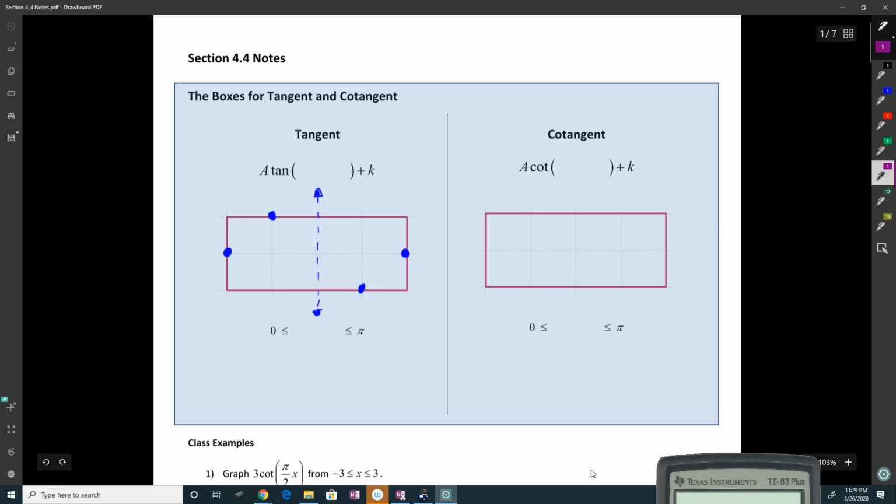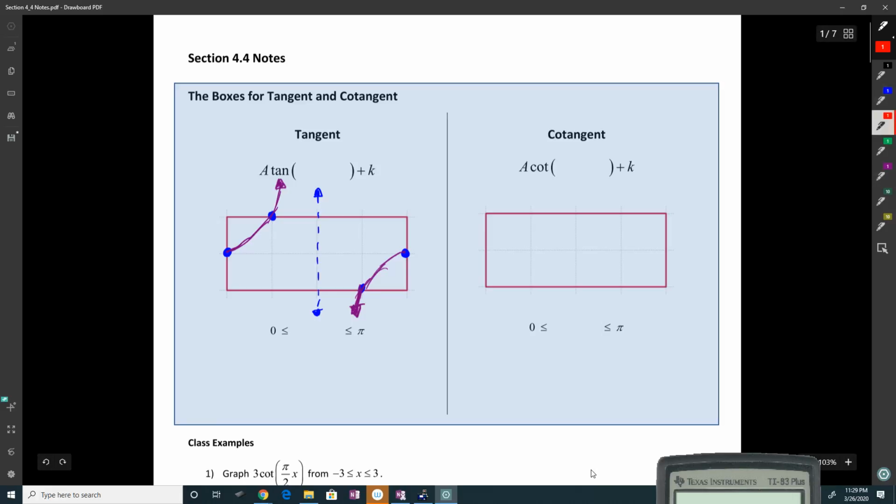When you graph it, you draw kind of like a half parabola going all the way up, and then a half parabola going down on the other side. And so that's tangent. It's kind of weird.